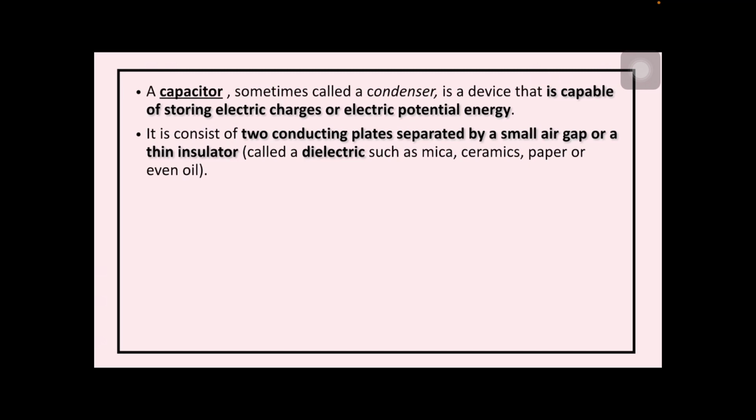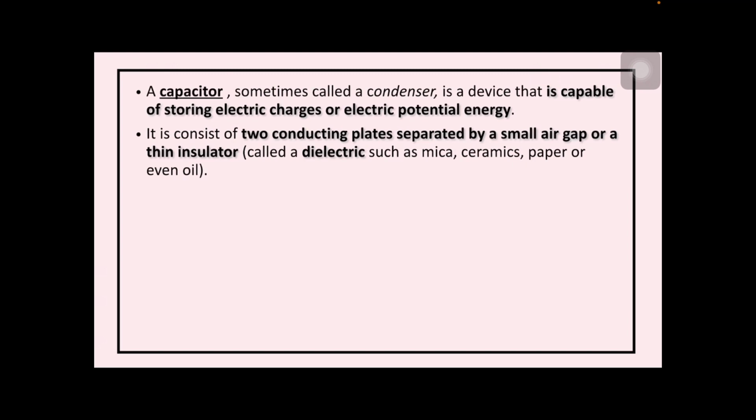Okay, we know that capacitors are used widely in our daily life, such as phones, laptops, TVs, and many more. So do you know what a capacitor is? A capacitor, sometimes called a condenser, is a device that is capable of storing electric charge or electric potential energy. It consists of 2 conducting plates separated by a small air gap or a thin insulator.